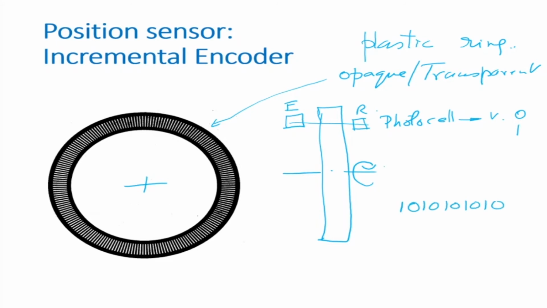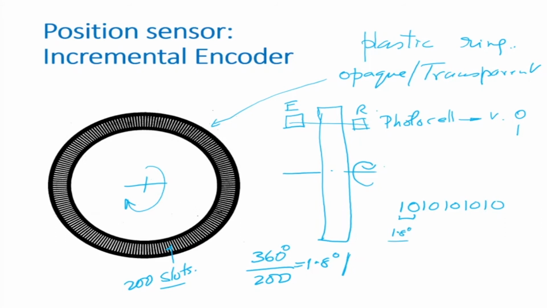If there are 360 degrees for one full rotation, and there are 200 slots, suppose 200 cuts, then your resolution is about 1.8 degrees between slots. So between any two opaque lines or any two transparent lines, the distance is 1.8 degrees, which is not much.